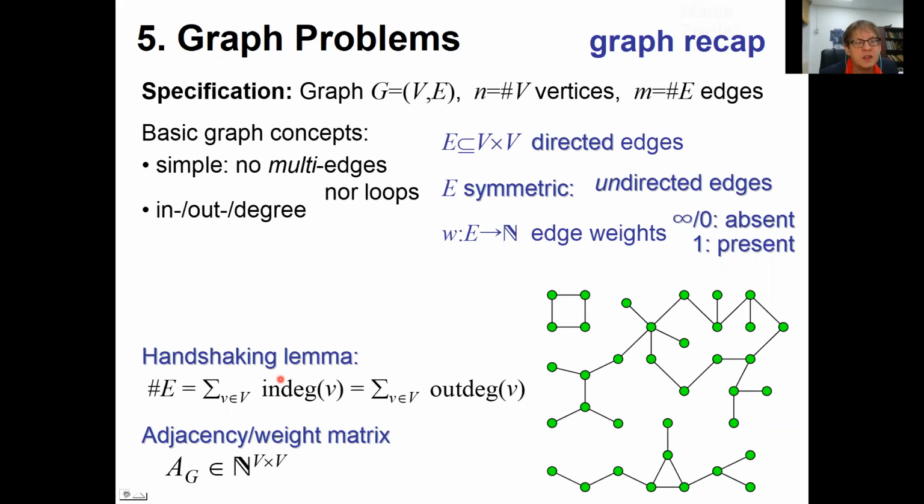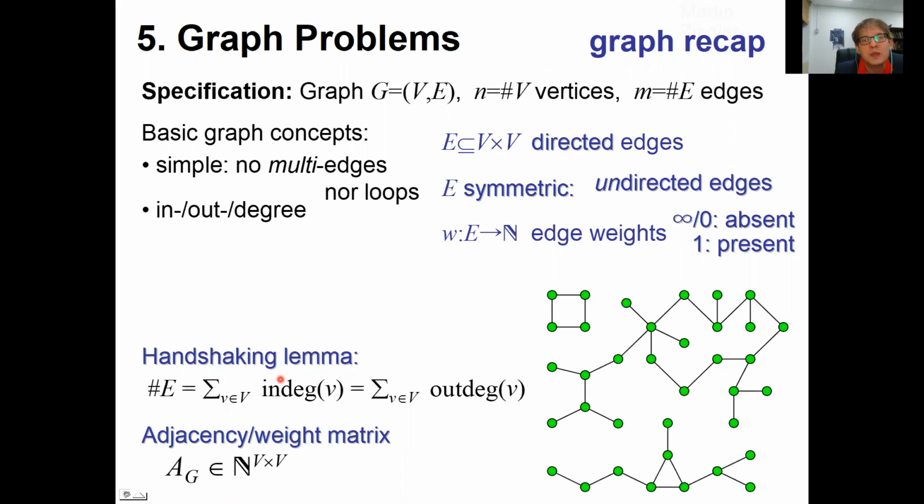A simple but important combinatorial observation is the so-called Handshaking Lemma, which says that the total number of incoming edges of a graph, not of a vertex, but of a graph, so let's count all incoming edges for all vertices, must be the same as the total number of outgoing edges of all vertices.